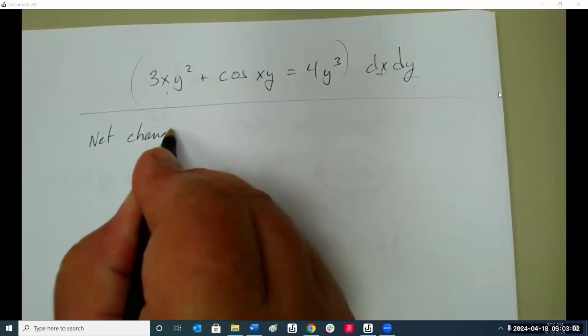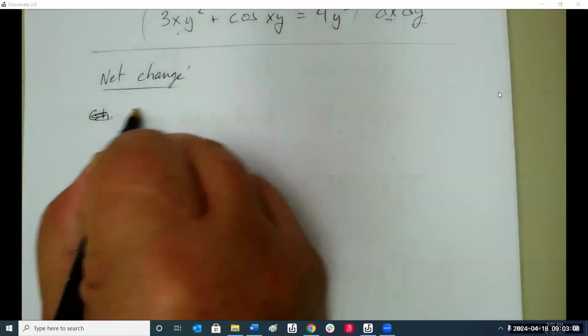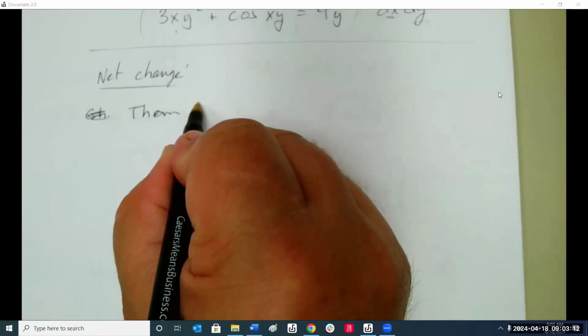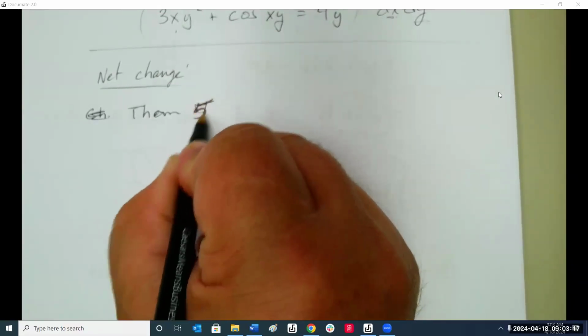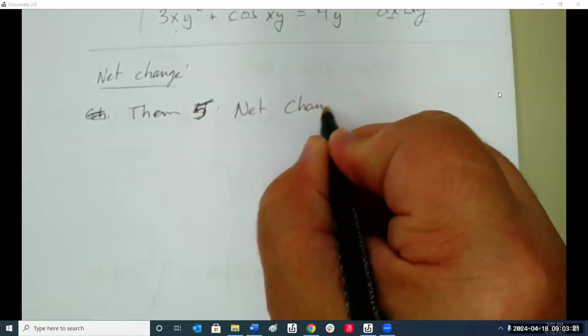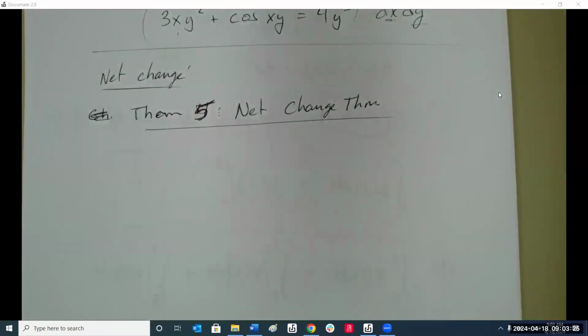All right. The last of the three is called net change. Theorem 4 or Theorem 5. It's called the net change theorem. It's on your sheet.